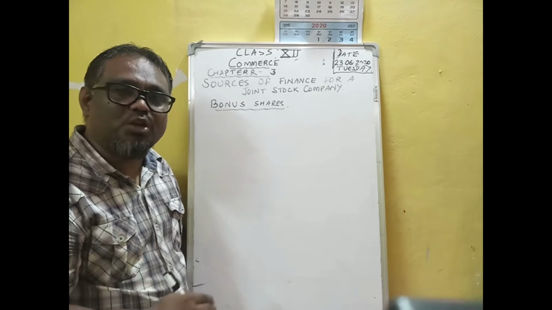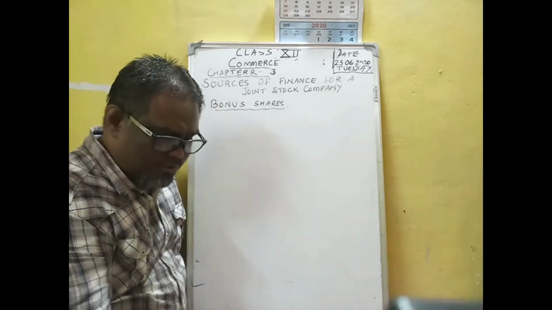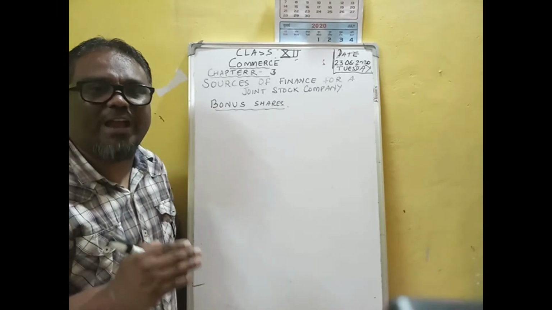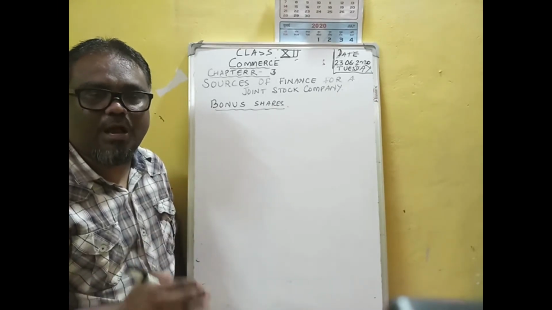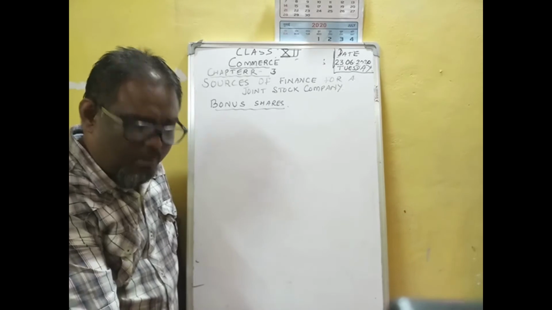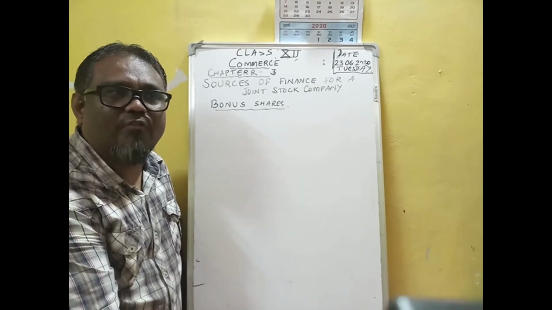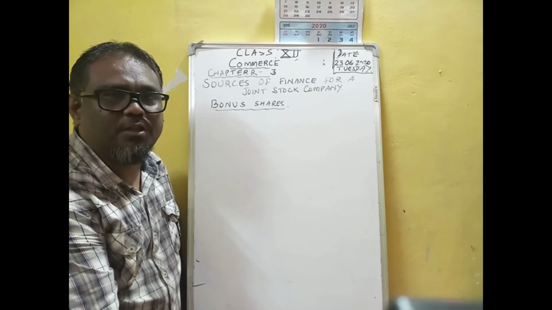The issue of bonus shares must be permitted by the Articles of Association. If the Articles of Association do not permit the issue of bonus shares, a company cannot do so.